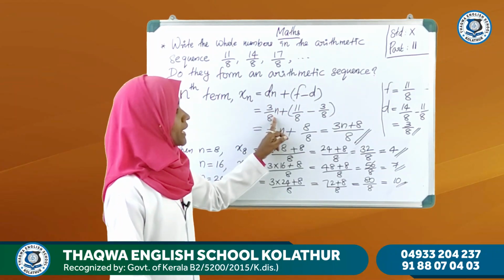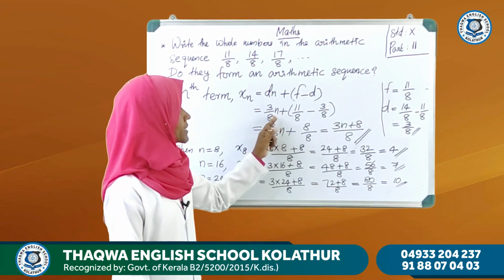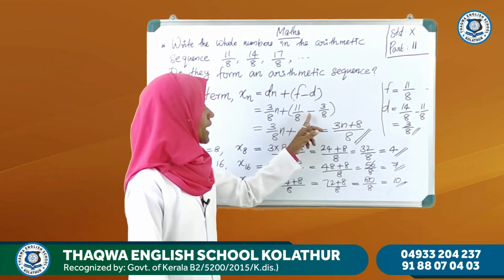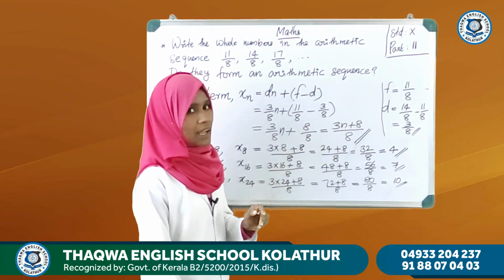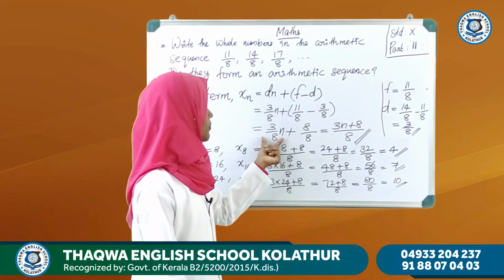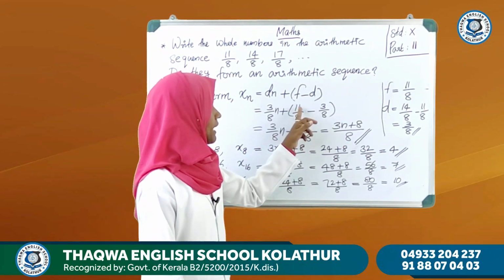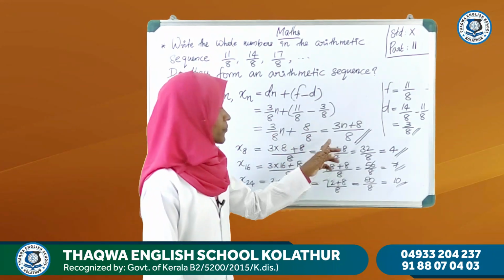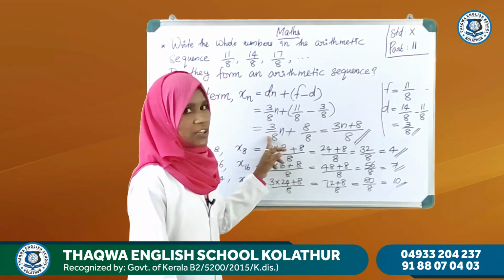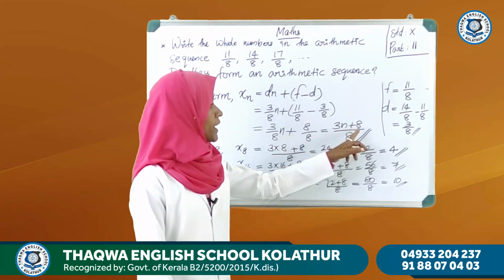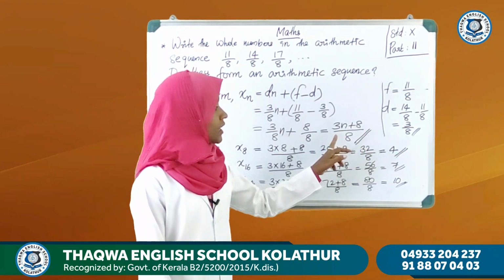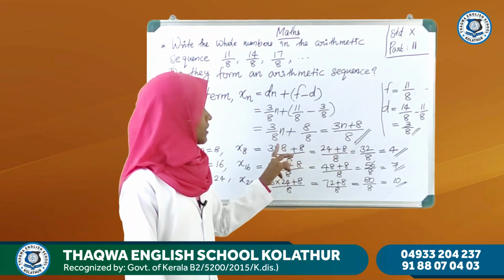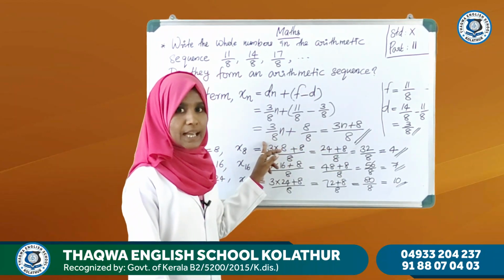D is 3 by 8, that is 3 by 8 n plus f, 11 by 8, minus 3 by 8. That is 3 by 8 n plus 11 minus 3, 8, that is 8 by 8. So, it can be written as 3n plus 8 by 8. Why? Here the denominator is same.